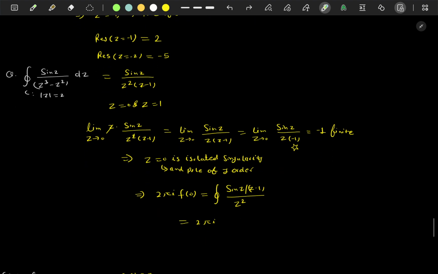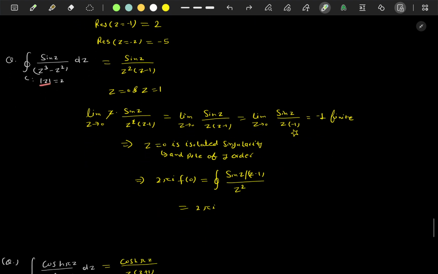Similarly with this function also, z cube minus z square, z equal to 0 and z equal to 1. So limit z tends to 0, it is giving you a finite value. Be very careful about sin z upon z square, because it gives you a pole of order 1.